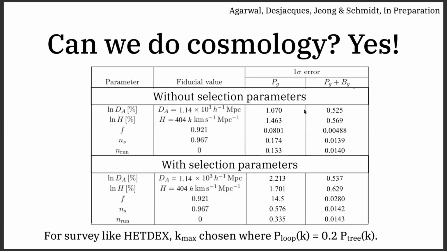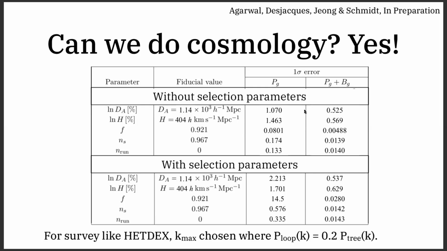But if you use power spectrum and bispectrum, and bispectrum can measure most of the nuisance bias parameters, and then our constraint comes back to something comparable to what you expect without the selection bias effect. Okay. So that's another importance of including bispectrum.